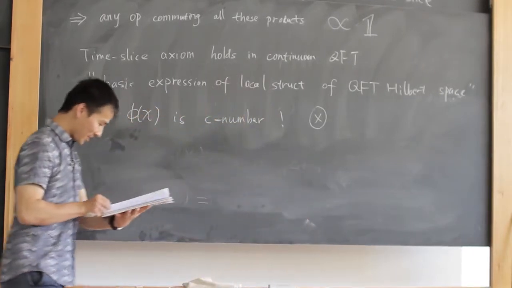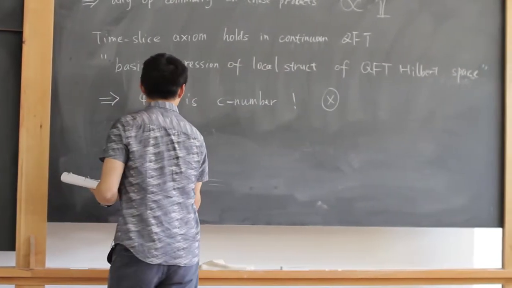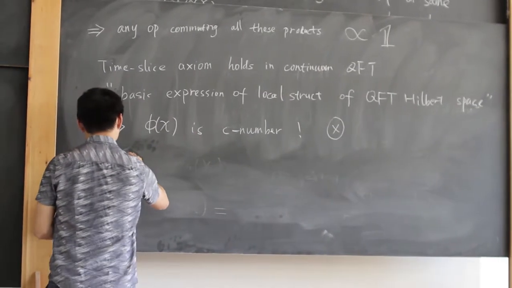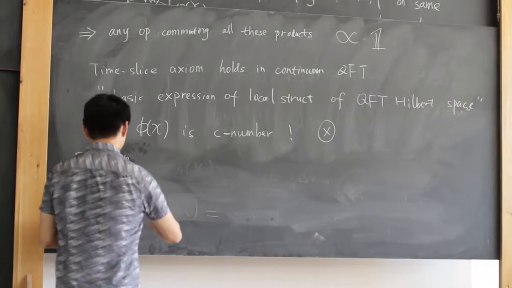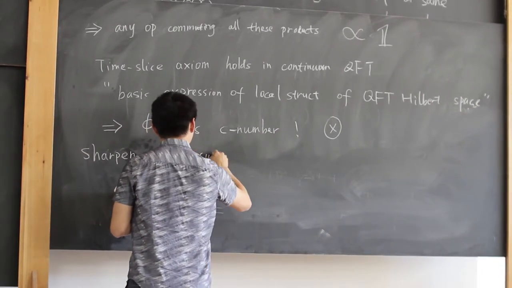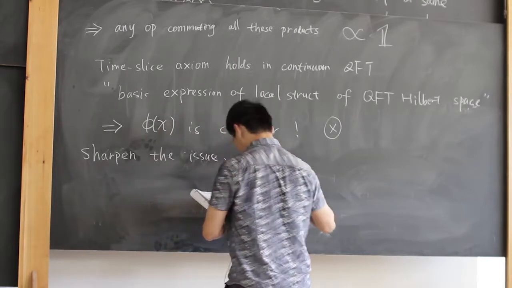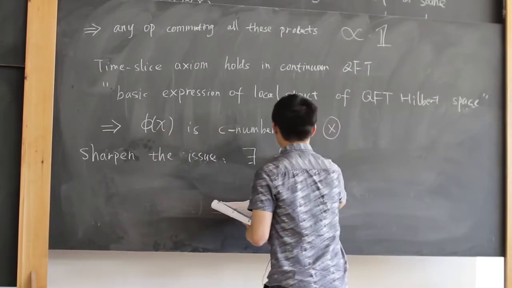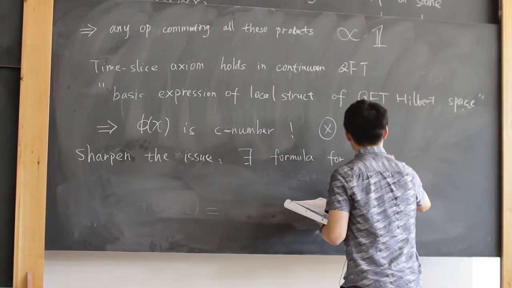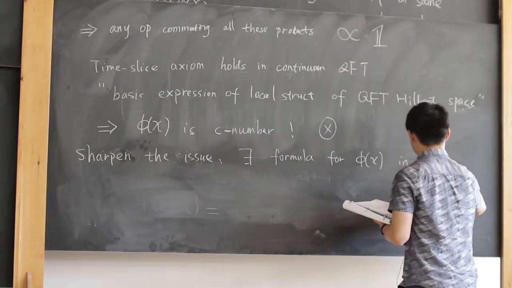Okay, before I solve this puzzle, I want to sharpen it, because it's always good to have a sharp puzzle before solving it. To sharpen the issue, there actually exists a formula for phi of x in the CFT.